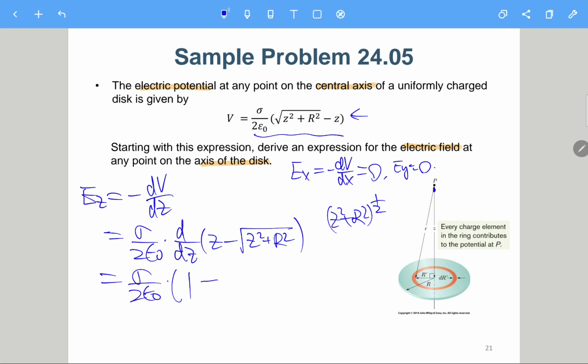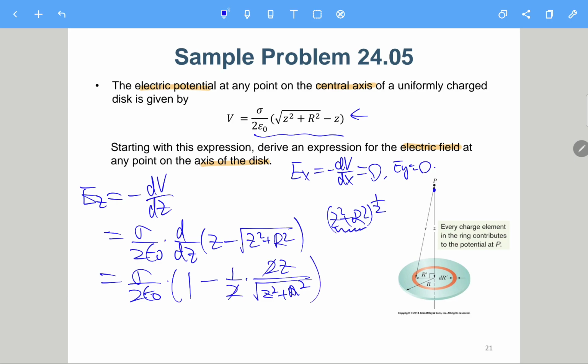So we take the derivative, 1/2, and then the 1/2 power minus 1 goes to the denominator. Then by the chain rule, we take the derivative of the argument, which becomes 2z.